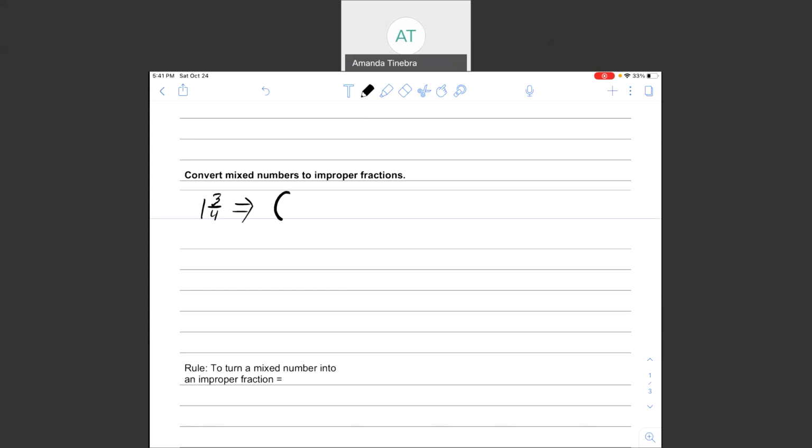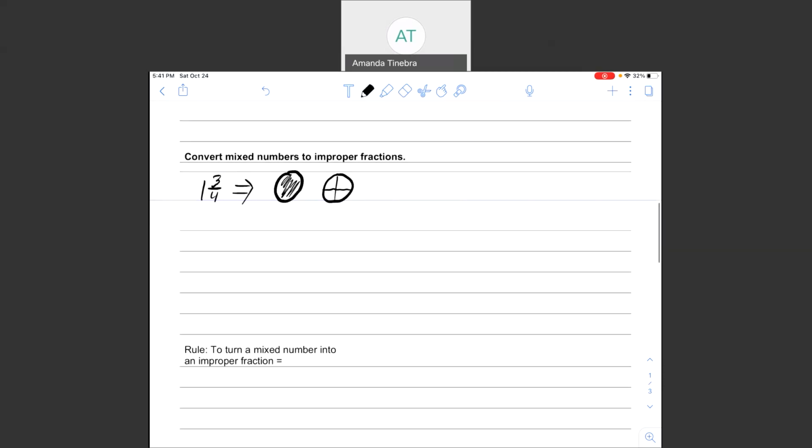So I might have a circle that I shaded to be my whole. And then if I had a second circle for my fourths, I would split that into fourths, and 3 of them are shaded in. I could have also split this one into fourths. I just know that all 4 of these are shaded in. So this is now a picture of what 1 3/4 looks like.